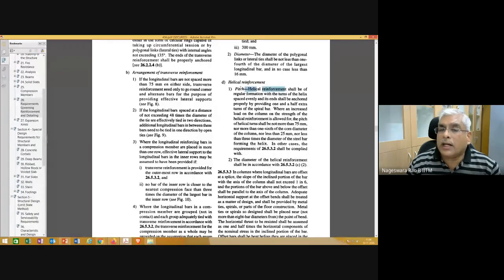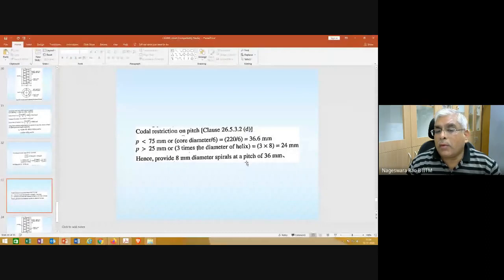Anyway, this is all related to how we need to anchor it. The pitch of the turns shall not be more than 75 mm, not more than 1/6 of the core diameter of the column, nor less than 25 mm, nor less than 3 times the diameter of the steel bar forming the helix. All this is translated into an equation, which is written here.